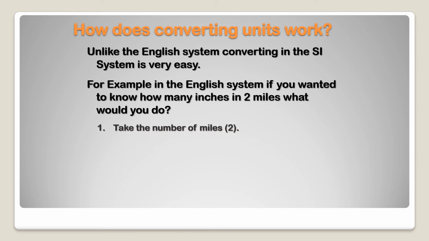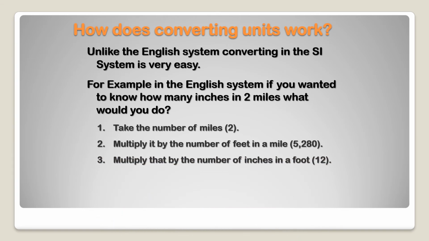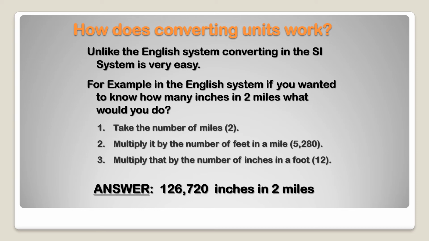Well, you'd take the number of miles, 2, multiply it by the number of feet in a mile, 5,280, then multiply that by the number of inches in a foot, 12, until you got 126,720 inches in 2 miles. That's quite a lot of work. But in the SI system, there's very little work.